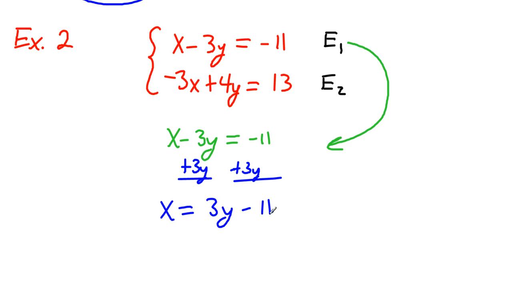So in that case, you've got the x that's there, you just have to add the 3y over, and now you've got it. Then you can take that and have equation 2 still be just like it normally is: negative 3x plus 4y equals 13.